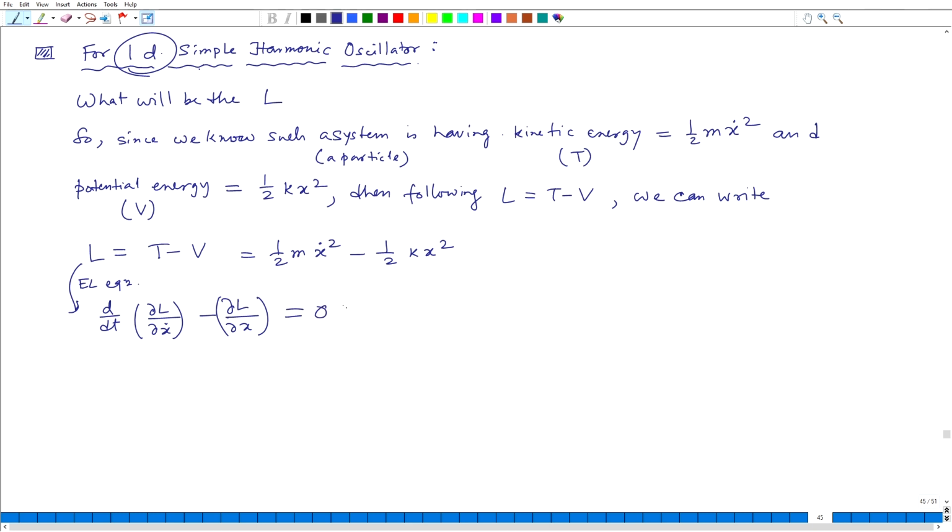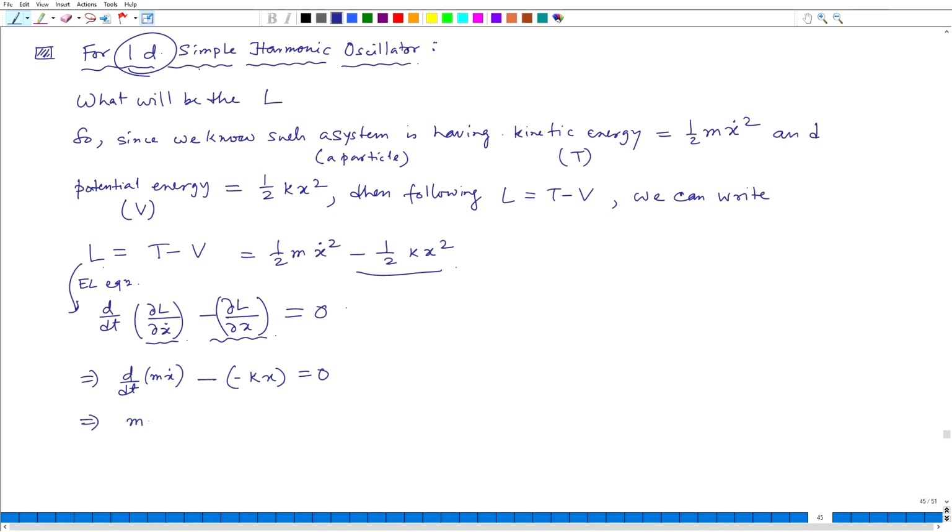Then del L del x dot is nothing but m x dot. So, you will have d dt of m x dot, minus del L del x, which is minus k x. So, minus of minus k x is equal to 0.